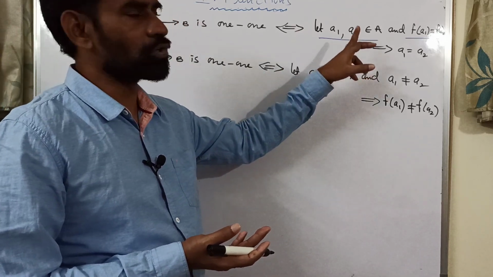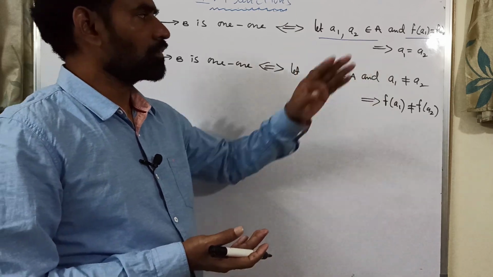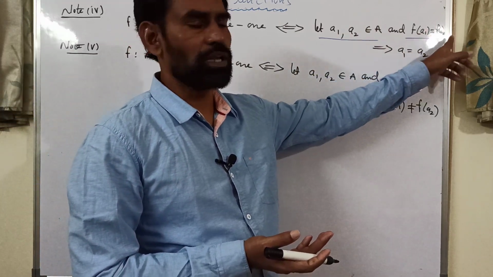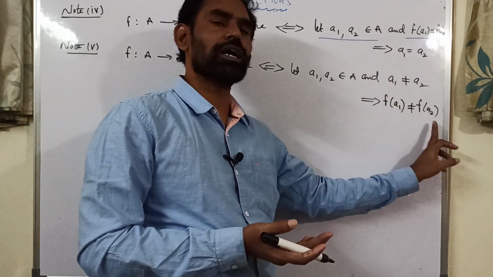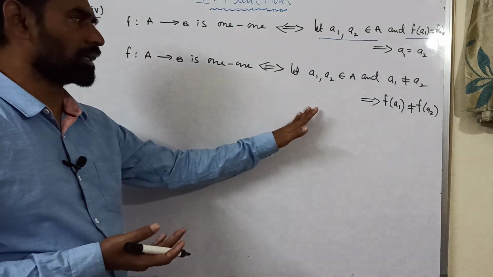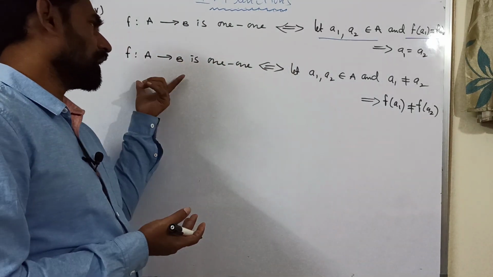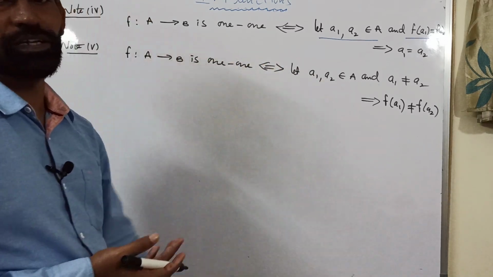Generally we are going to use this formula in our problems. First we assume images are equal implies elements are equal, or elements are not the same, images are not the same, then only f is a one-one function. Implies and implied, both ways correct. LHS to RHS and RHS to LHS, both ways this statement is true.